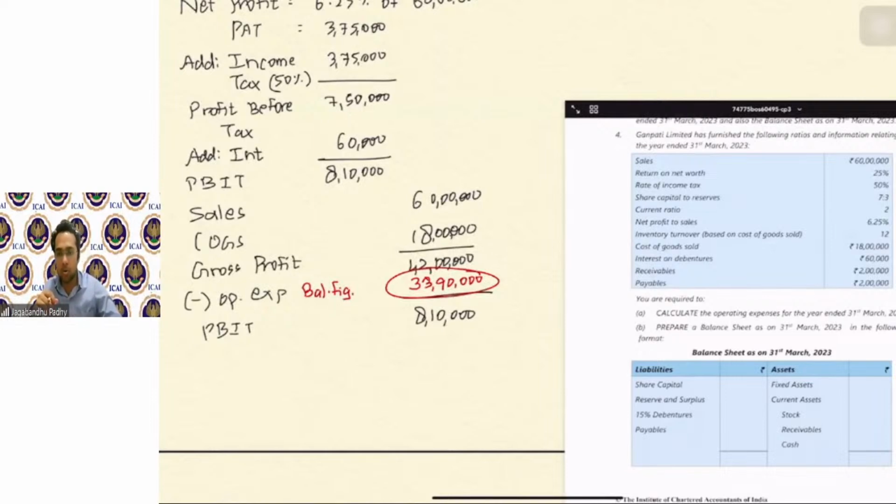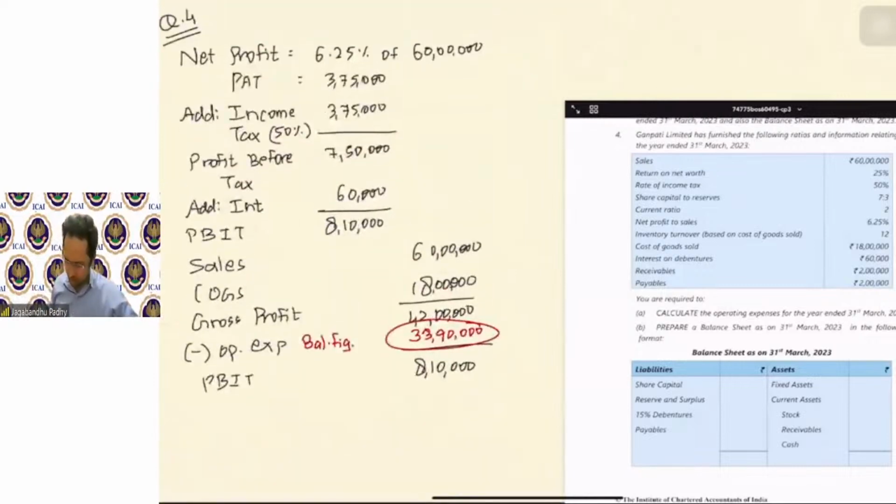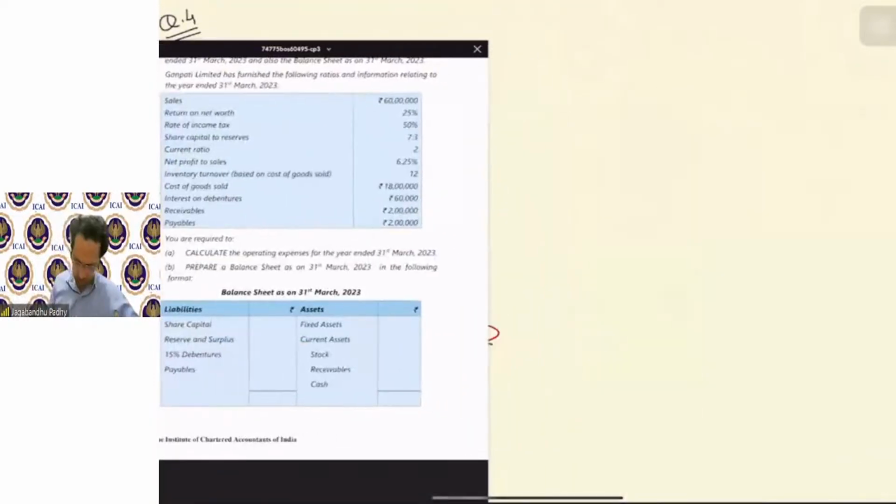Okay. Now we have to go for filling up the balance sheet items. So let's have a look at the balance sheet numbers that we have. We have got the return on net worth, then we have share capital to reserve. So let's look at return on net worth first and try to compute it.